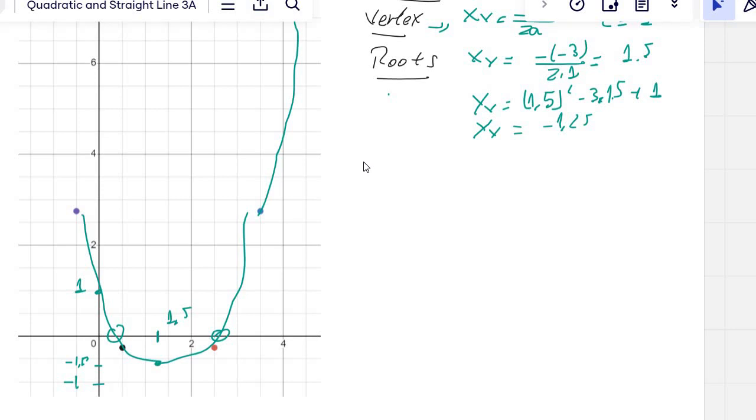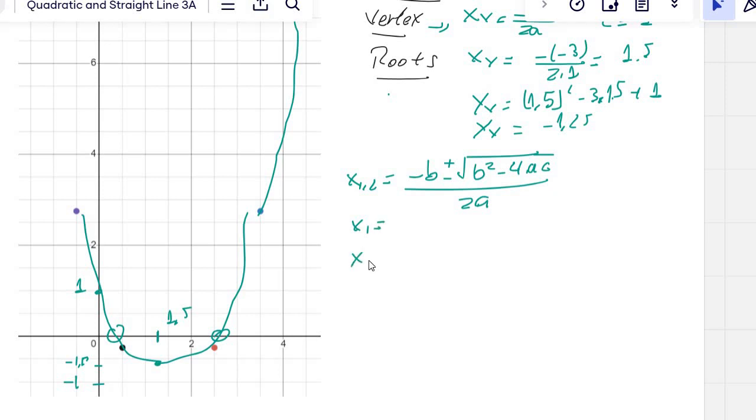Do you know how to use Bhaskara? You have studied it in Spanish. The two possible roots, x1 and x2, are equal to minus b plus or minus the square root of b squared minus 4ac, all divided by 2a.